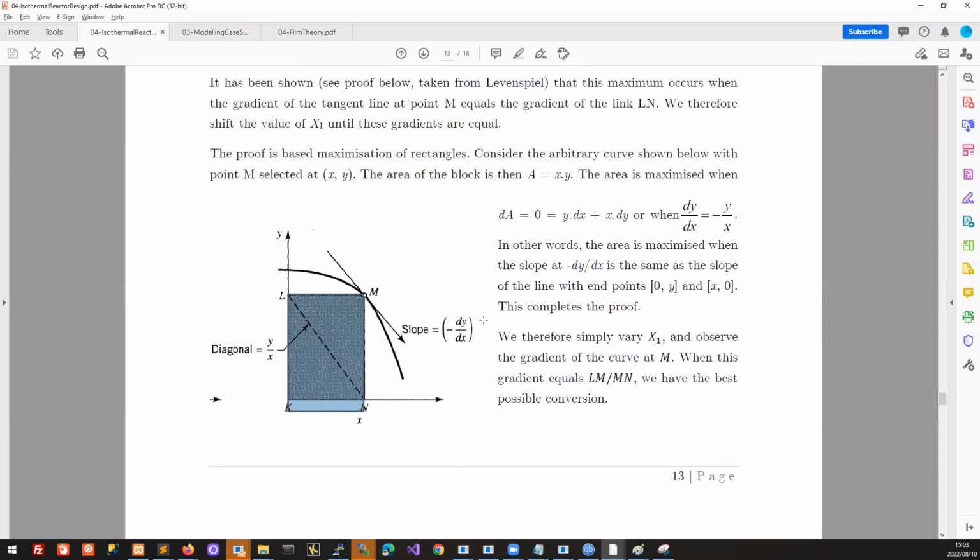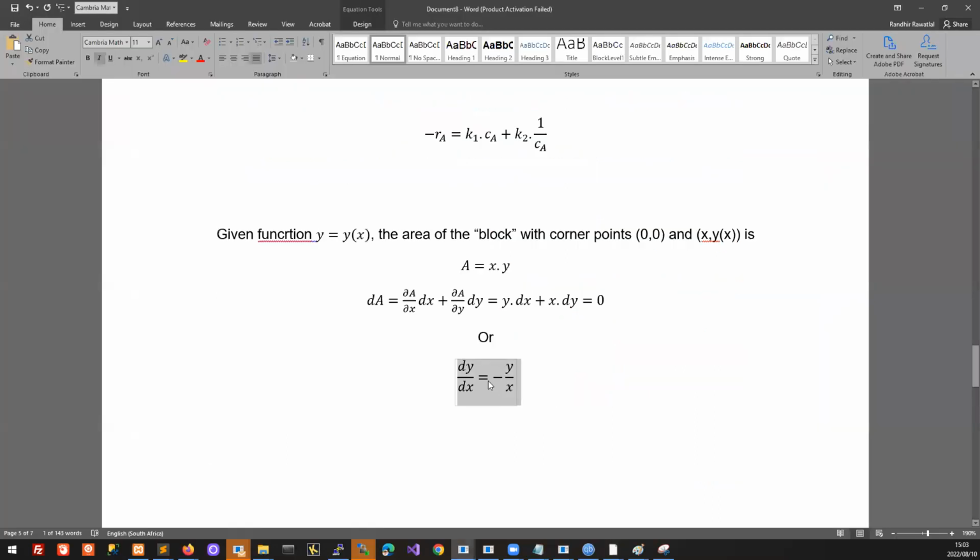So your slope at y of x, that is this tangent, or am I saying this properly? So the position where you get the biggest area is where your slope is equal to this, right? So dy dx is the slope, right?